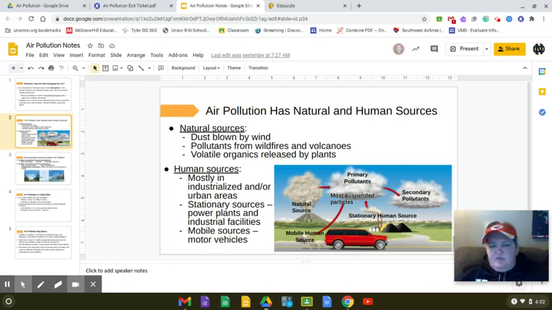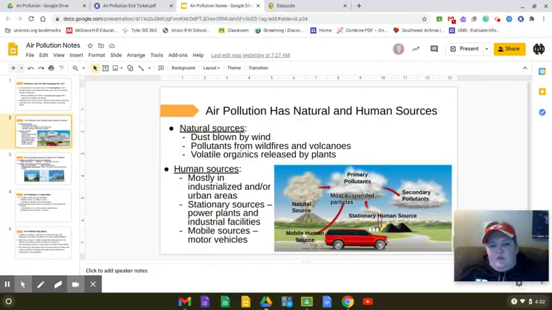Pollutants from wildfires: if it's a wildfire that is caused normally, like by lightning, then it's natural. However, if it's a wildfire that is caused by humans, then it's not so natural. And volcanic eruptions are another natural one.